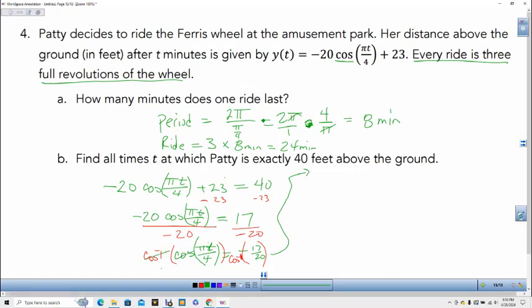Those are going to cancel out and leave me with pi t over 4 equals whatever I'm going to get over here. I'm going to punch that in my calculator: inverse cosine of negative 17 divided by 20, close parentheses, and that's going to give me 2.58678.